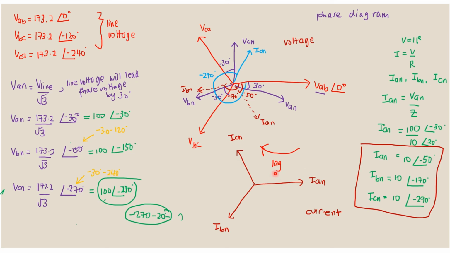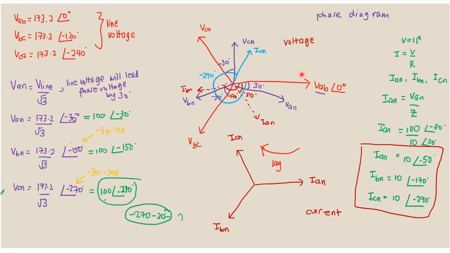What is very important when you answer a question is to make sure that you know what the reference is. Is it the line voltage as the reference, or the phase voltage as the reference?